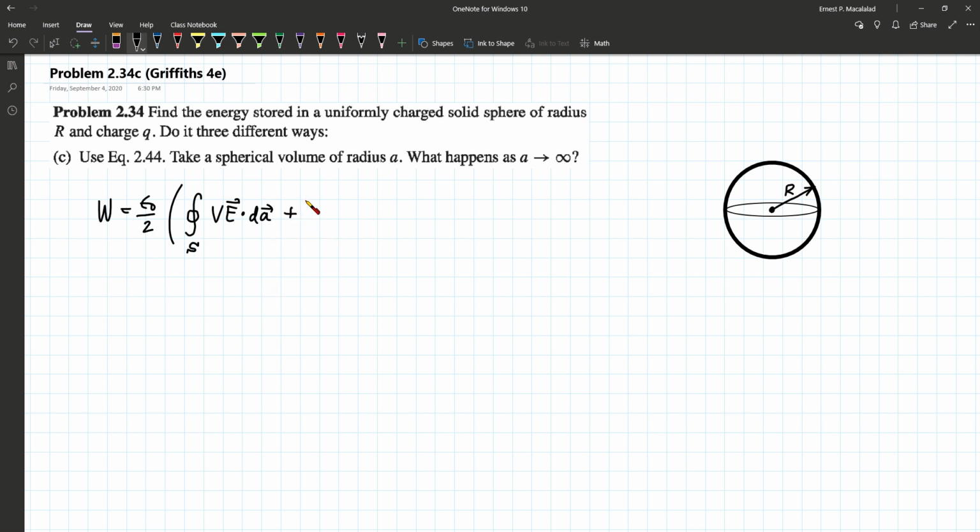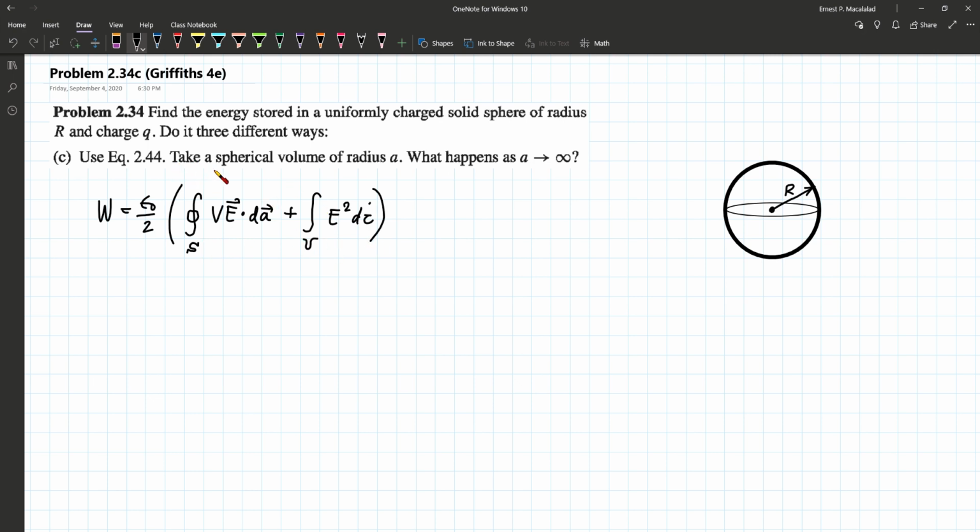And then we add it to a volume integral of E squared. This volume integral is over a certain volume, tau. So what is this volume?